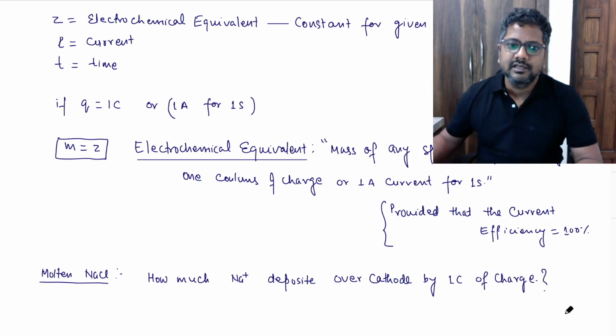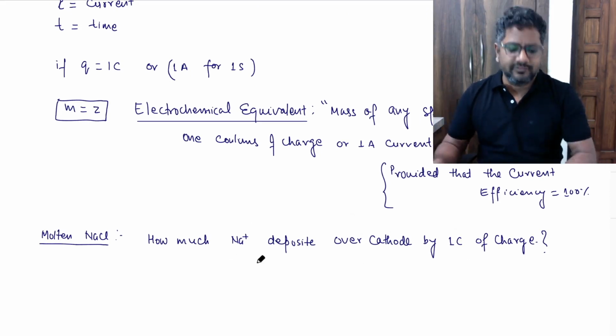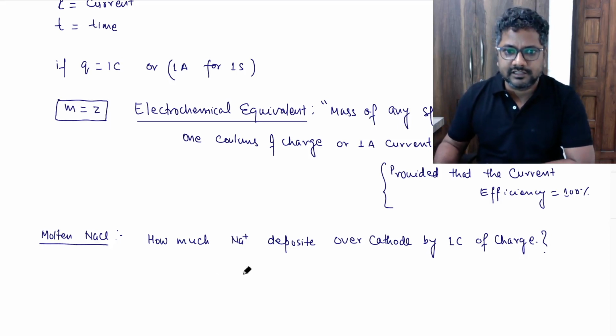Suppose this is the objective. Once you learn this calculation, after that you can apply it for chloride ion and other similar ions.